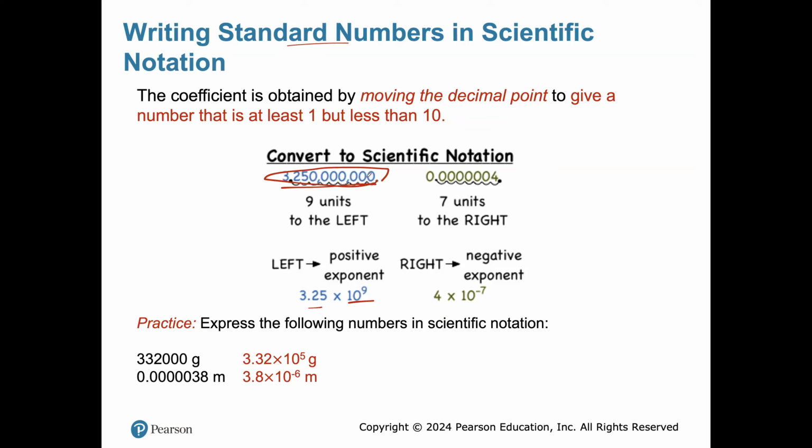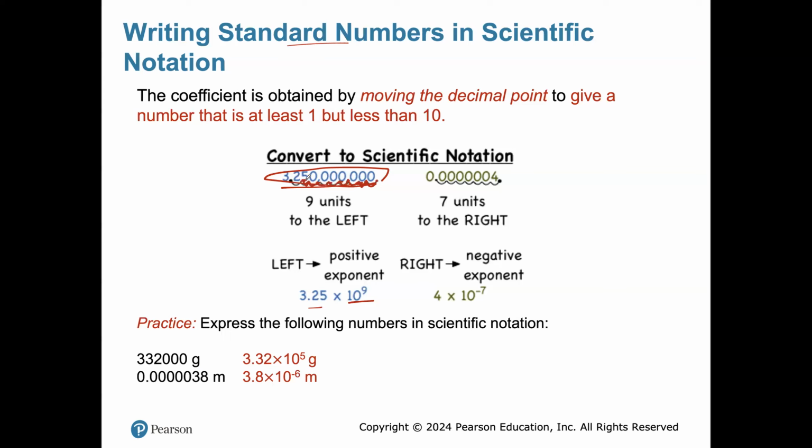If we want to make this number smaller, we have to move the decimal to the left, because if you keep moving to the right, we're making the number larger. We'll move it once, and it's not between 1 and 10 yet. You move twice, 3 times, 4, 5, 6, 7, 8.